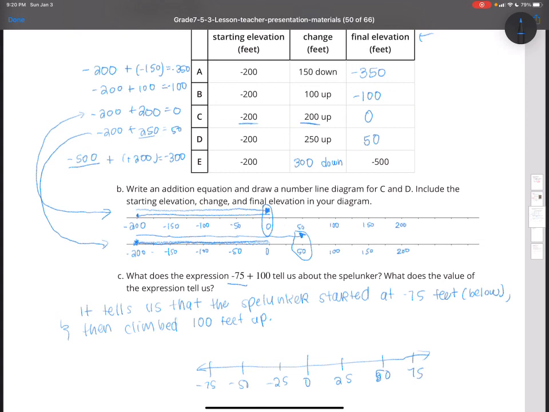So she started off at negative 75 feet. And then she climbed up 100 feet. So 25, 50, 75, 100. Okay? So you could put that the value of the expression is 25.